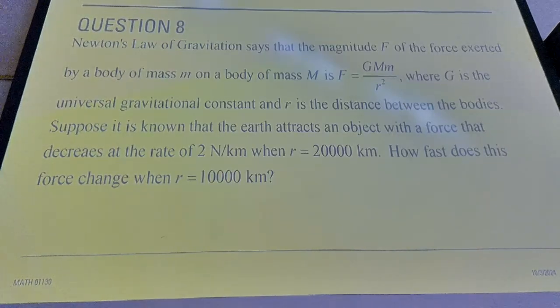G is the universal gravitational constant. R is the distance between the bodies. So what this says is that every body with mass exerts a gravitational pull on every other body of mass.